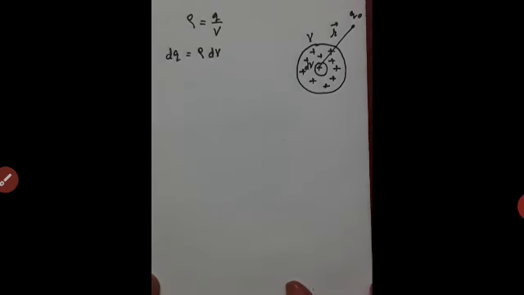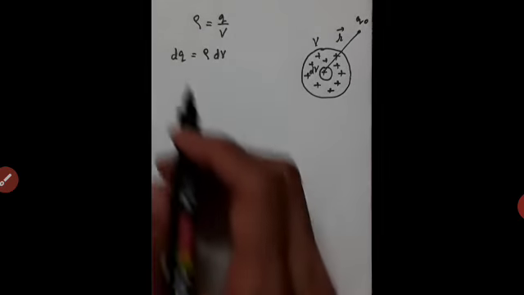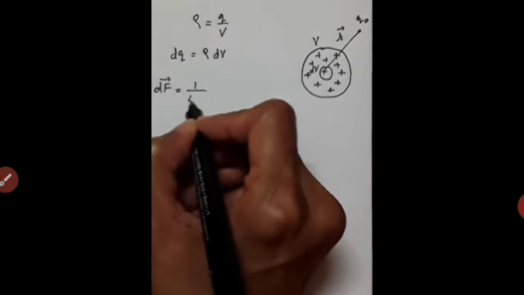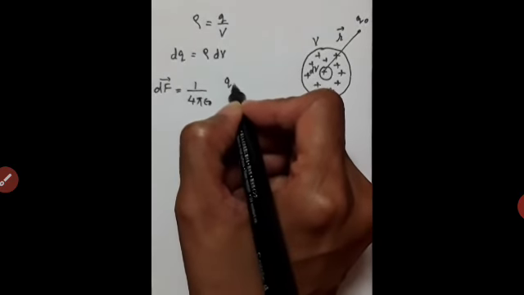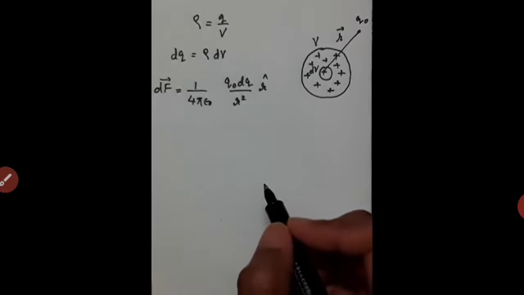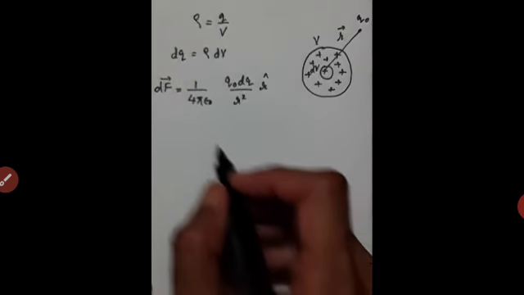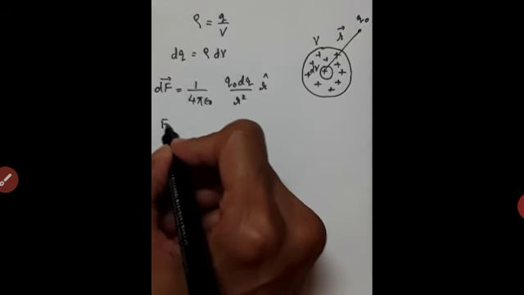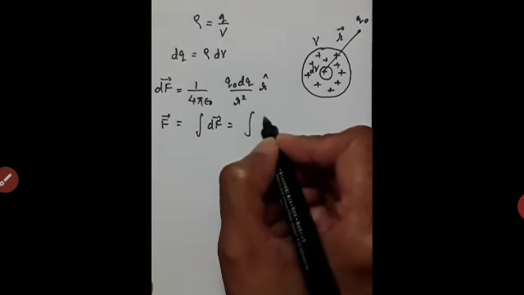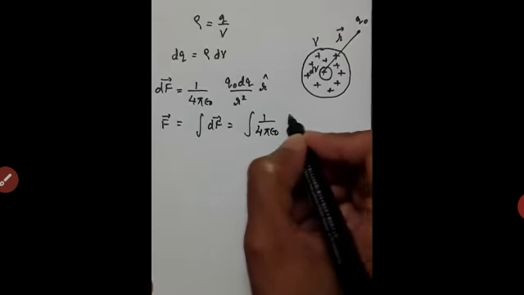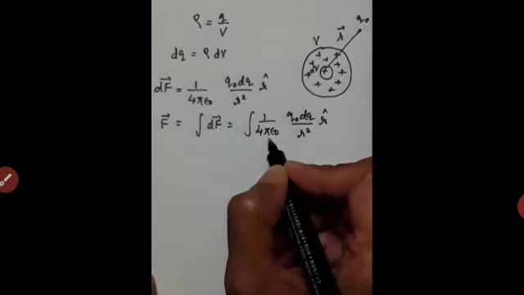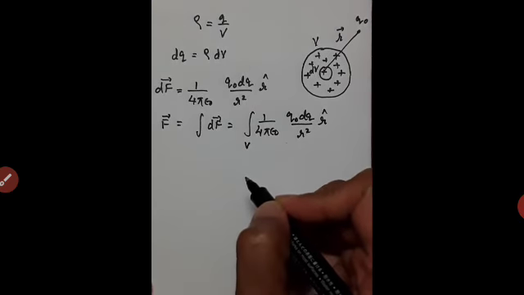We again write the formula for the small force acting due to the element dV. This is 1 upon 4 pi epsilon naught, Q naught dq by r square. So you see in all the three derivations, we start with Coulomb's law. The total force acting is given by the integral of dF, which is now the integral of 1 upon 4 pi epsilon naught, Q naught dq by r square into unit vector r, and this integration is done over the complete volume.